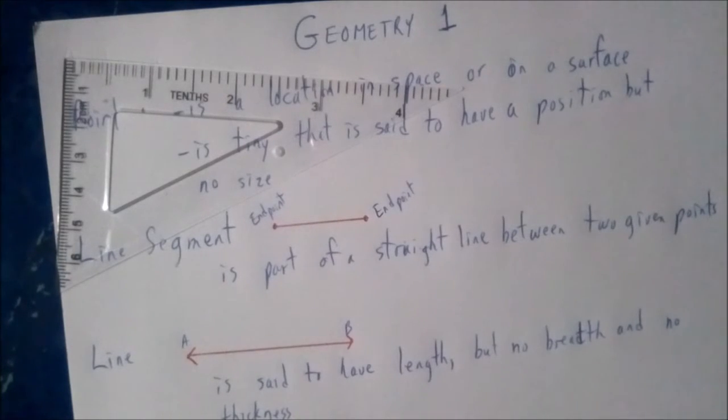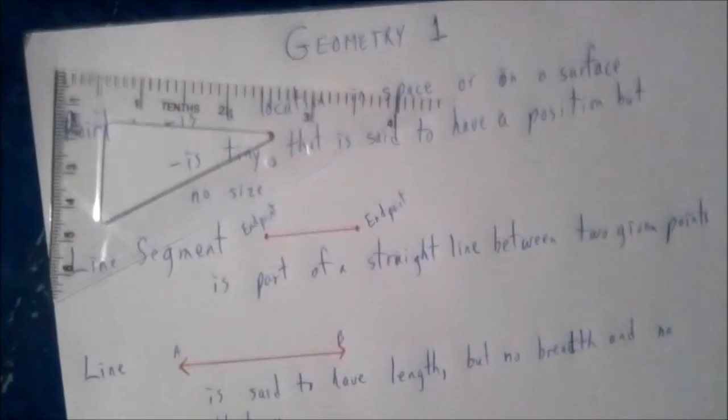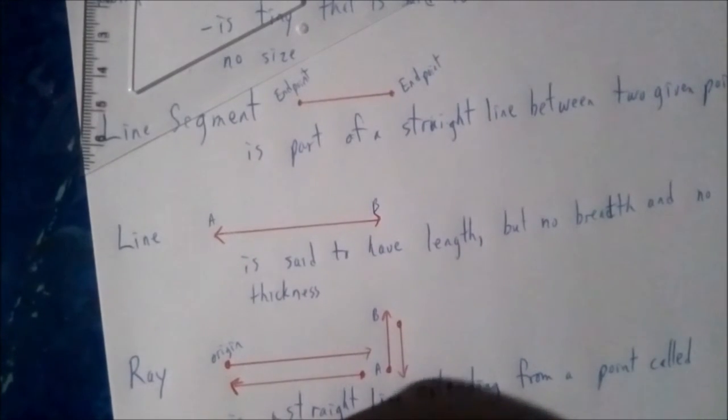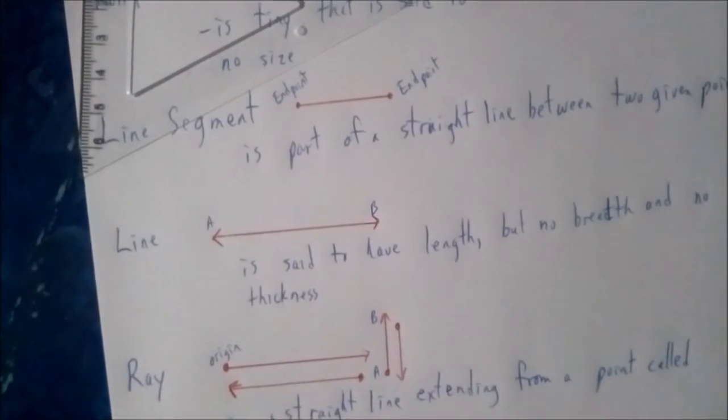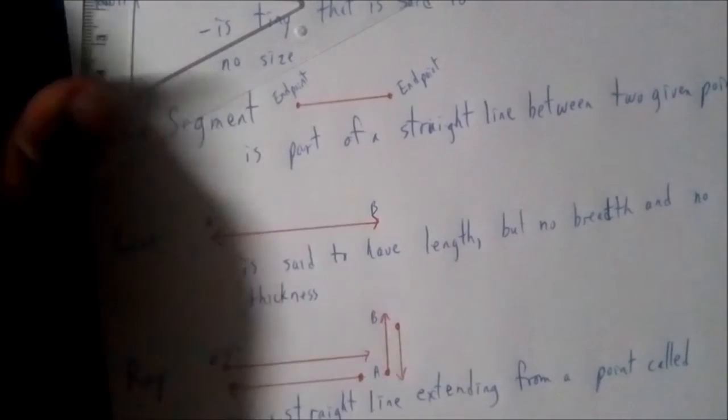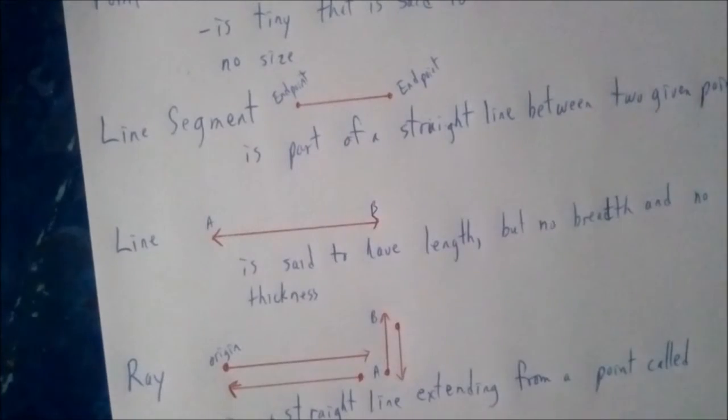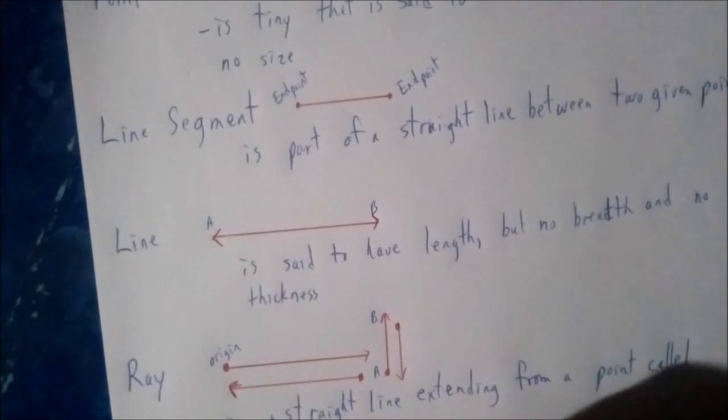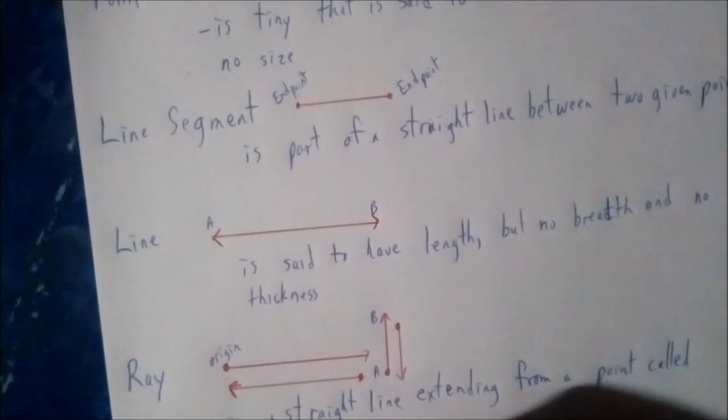Now let us go to what is known as an angle. Okay, but what's an angle? Let me use my instrument here. I can do my angle this way, that's a line.